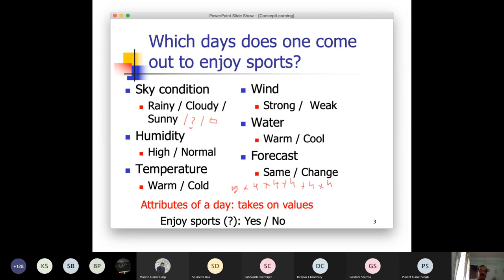So 2 more literals can be added in the formation of hypothesis. So this is the number of possible hypotheses. If I multiply them, what should be the number? 5120. That's what you told, no? Yes, sir. So this is the number of possible hypotheses.